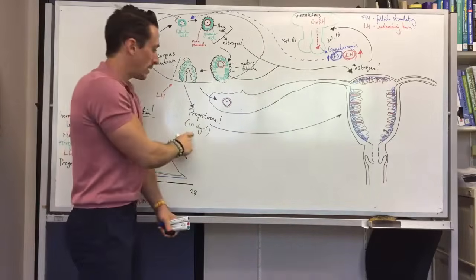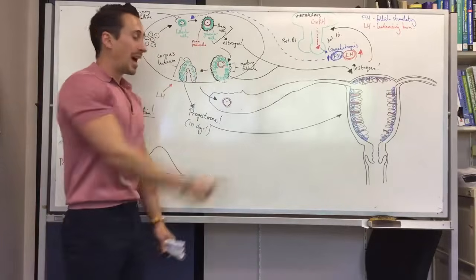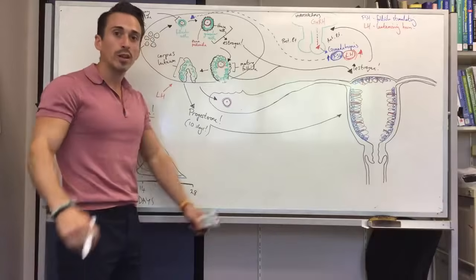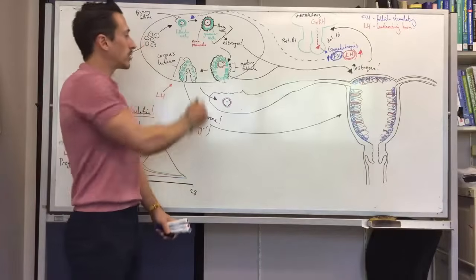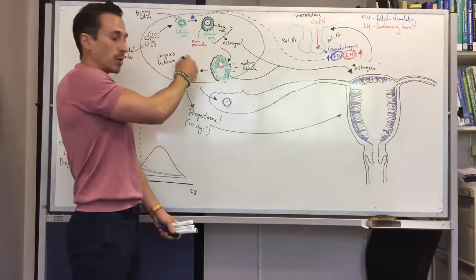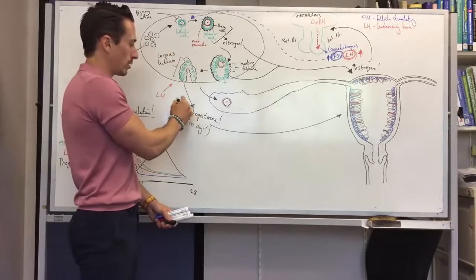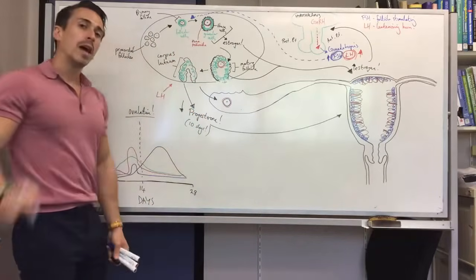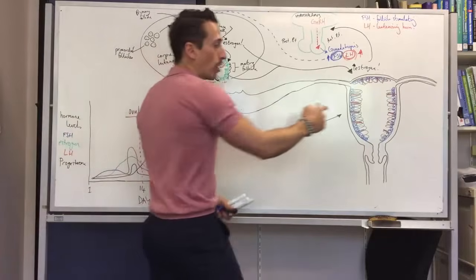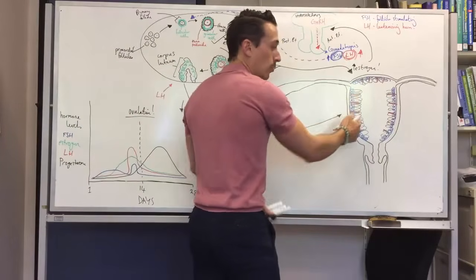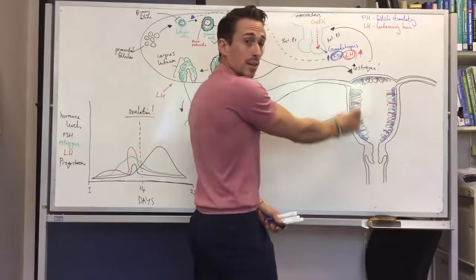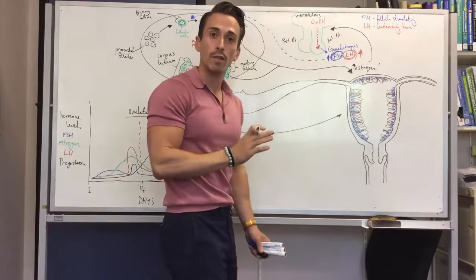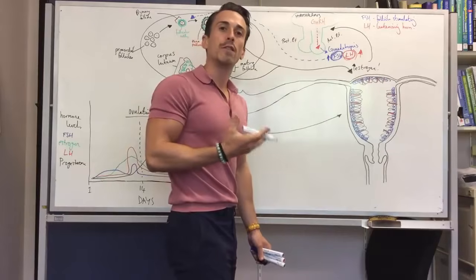Now, after 10 days, if no fertilization has happened, this corpus luteum goes, oh, I'm not hearing anything. What's going on? So it starts to degenerate and starts to die. And what happens to progesterone levels? They start to drop off. As progesterone levels drop off, this endometrial lining, which is now thickened and highly vascularized, also starts to die off and begins to slough off.